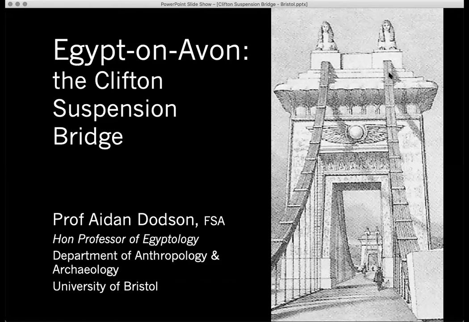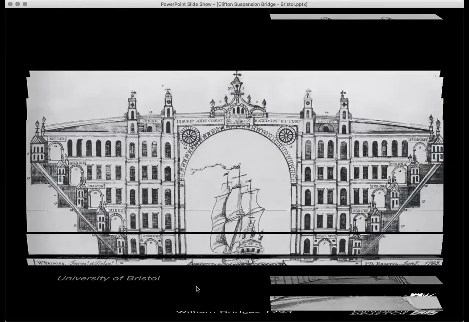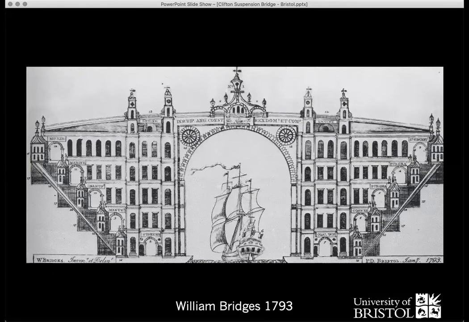To really kick off, it's worthwhile reminding people of some of the other kinds of inspiration which were adopted for various proposed earlier bridges. For example, William Bridges' amazing structure from 1793, which one would love to know whether it would actually have worked or not.